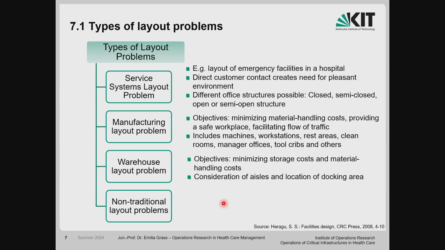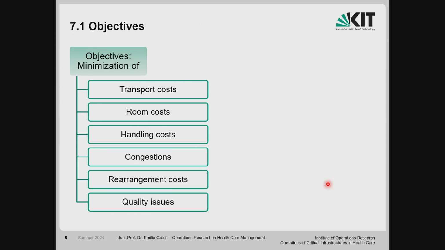Then the warehouse layout, where again we are concerned with the cost and to try to minimize the storage cost, but for storing materials, but also products, final ones, work in progress products. Or the non-traditional one, where we, for instance, try to make a good layout for keys on a typewriter or linear placement problems.